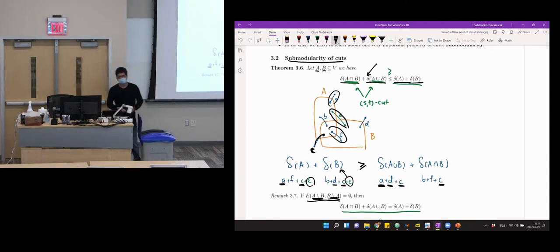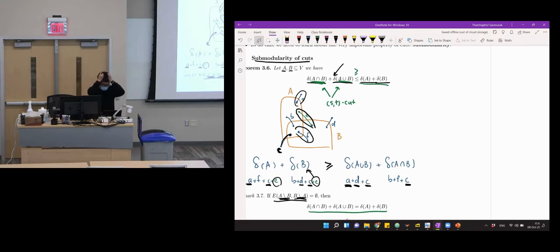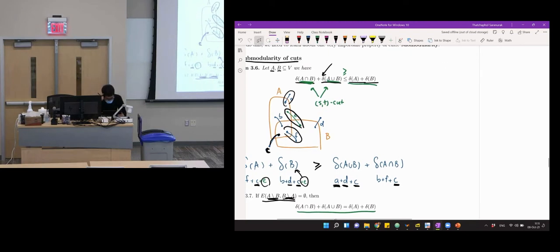Yeah. So what Aditya is saying is that there is another way to state, an equivalent way to state a submodular function, which is here.